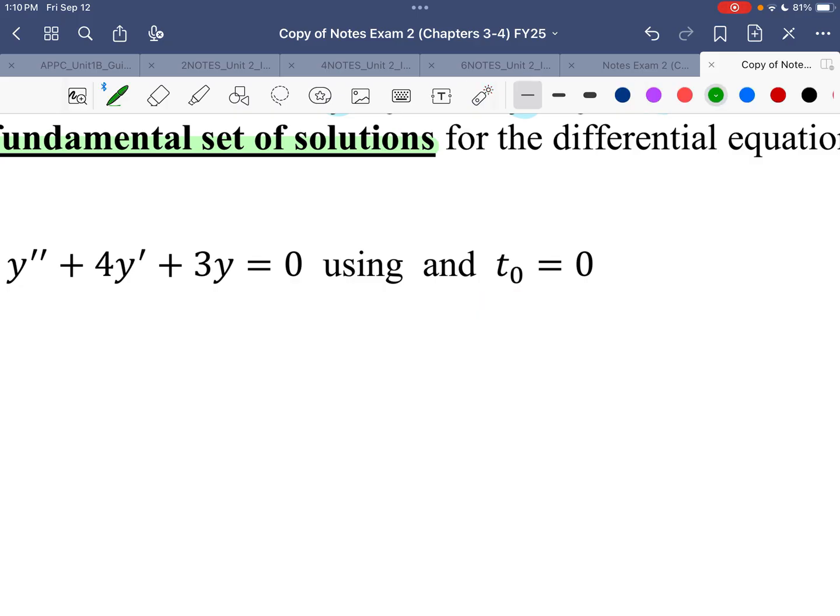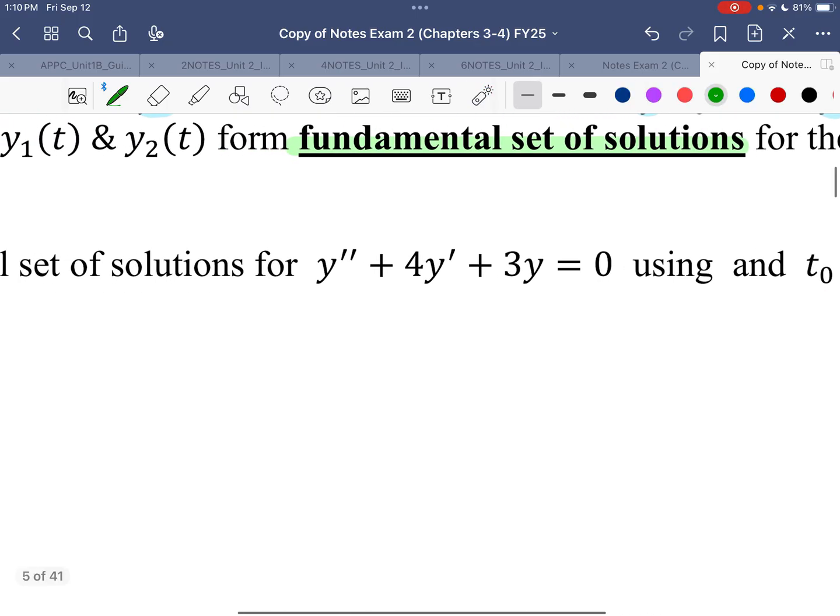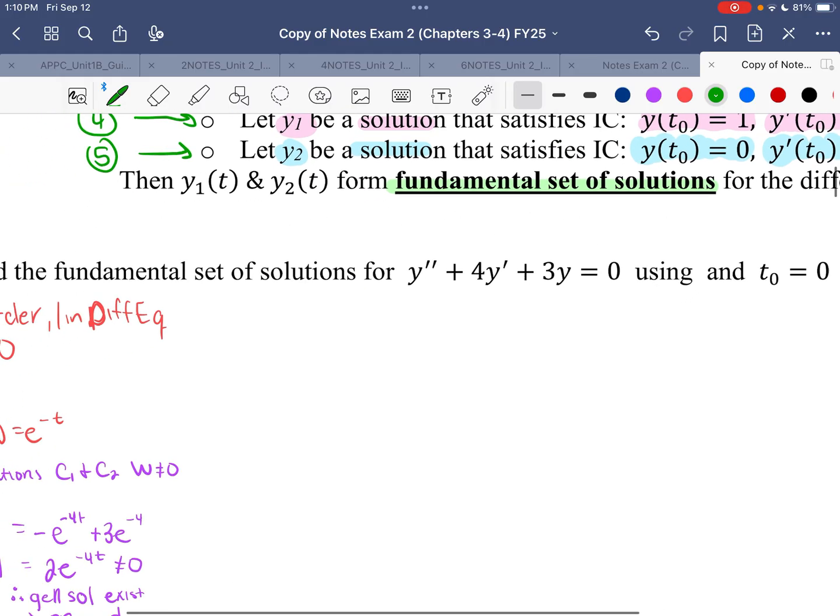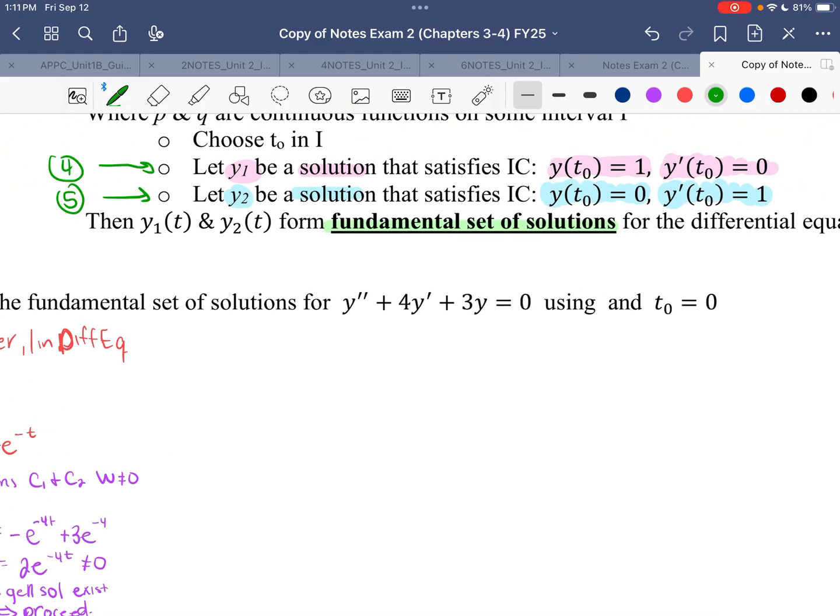So we're trying to come up with some fundamental solution that should work no matter what. The fundamental set of solutions gives us y1 star and y2 star, and these form our fundamental set. So y at t is equal to C1 y1 star plus C2 y2 star, and this is going to solve this differential equation no matter what the y value is.